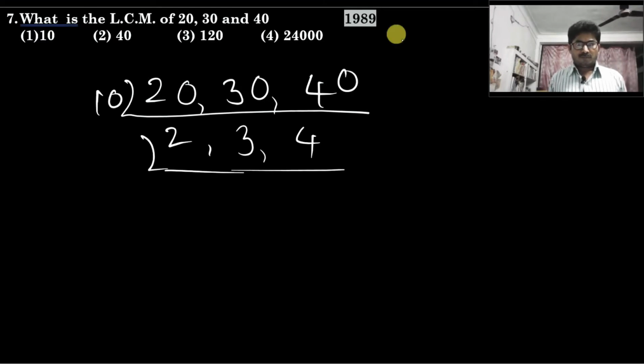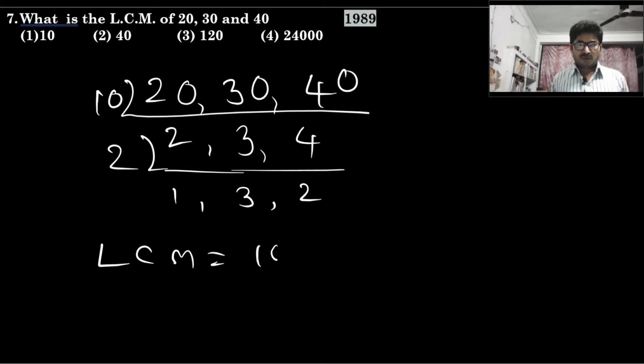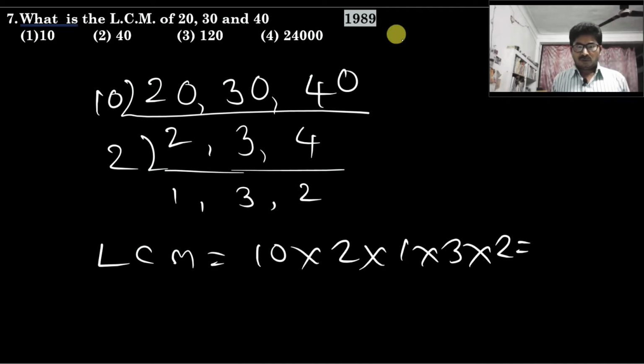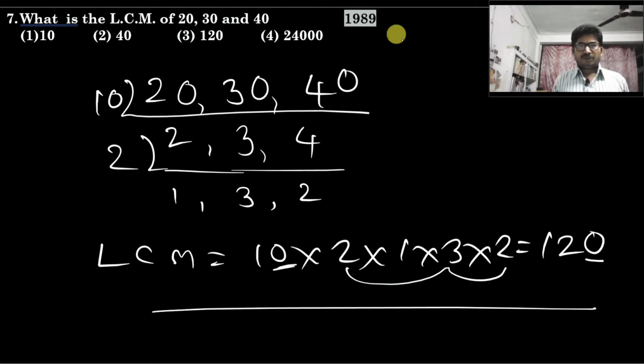Again 2 table, 2 1s, bring down 3, 2 2s. So LCM of these numbers is equal to 10 into 2 into 1 into 3 into 2. First we have to multiply this. 2 3s are 6, 6 2s are 12. Then keep this 0 beside. So 120 is the LCM, option 3.